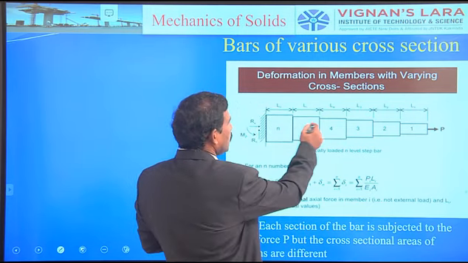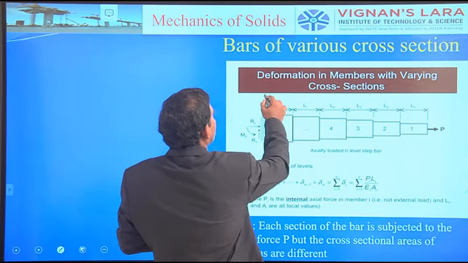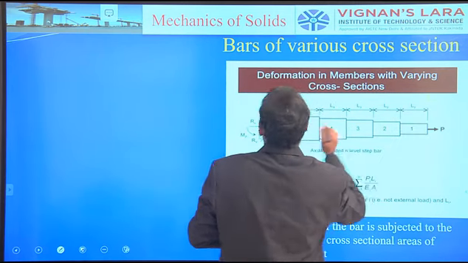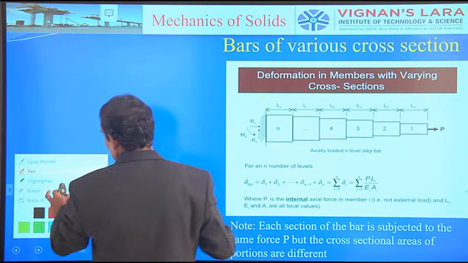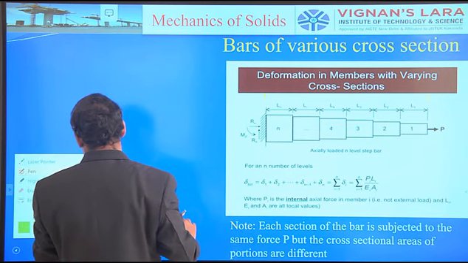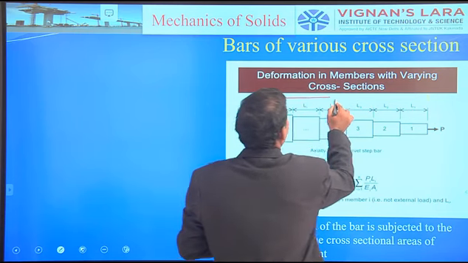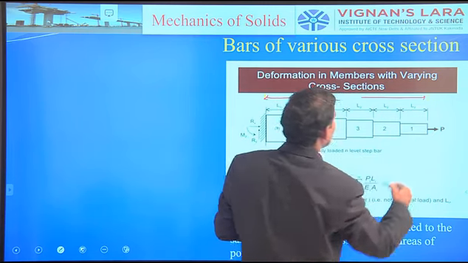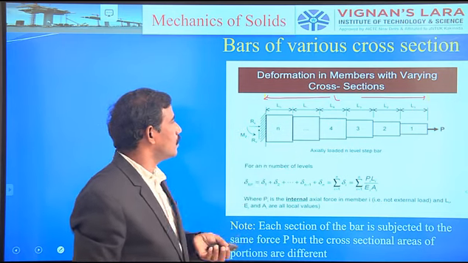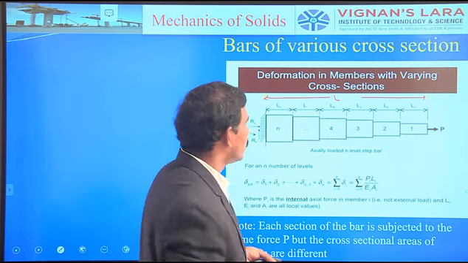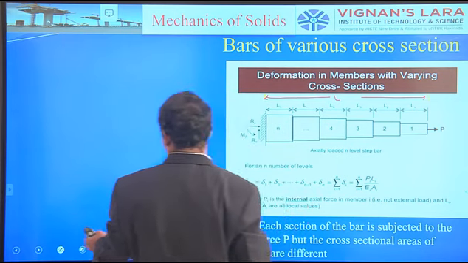Say the total length of the bar is assumed as capital L. It is divided into n number of pieces of lengths L1 to Ln with different cross-sectional areas.